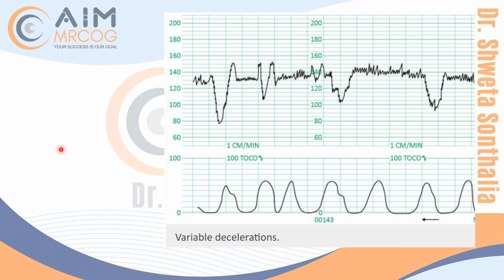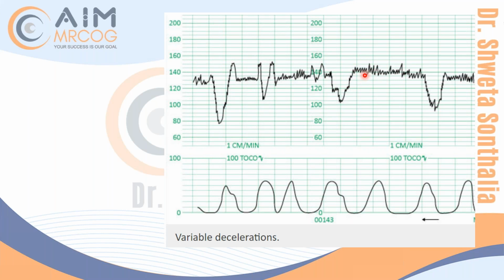There are 1, 2, 3, almost 4 contractions in 10 minutes. Yes, very good. Okay. And along with that, the baseline is starting from 130 and going up to between 130 and 135. Yes, and here even 140. Yeah, 140.